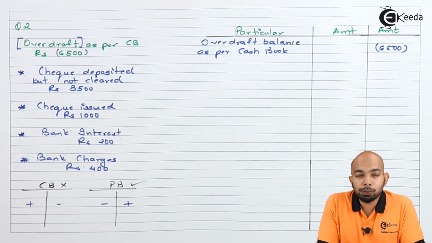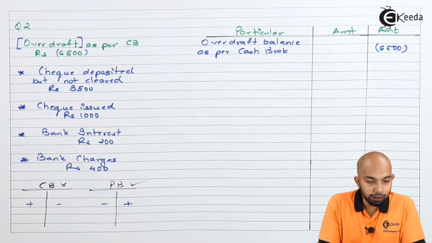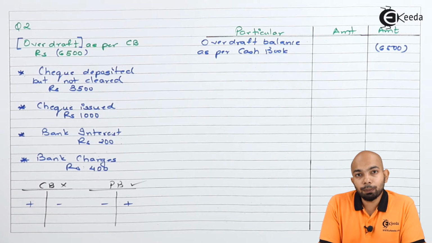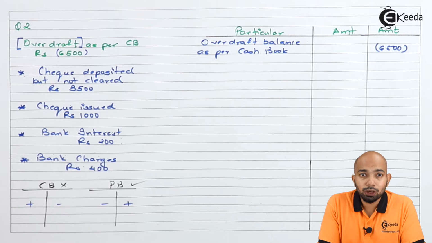The next transaction we'll be dealing with is the first transaction: check deposited but not cleared, rupees 3,500. We need to understand which side this transaction takes. If the check has been deposited, that means the cash book has already been affected. We have already recorded this specific transaction in the cash book. Now we need to understand which side this will take in the passbook.